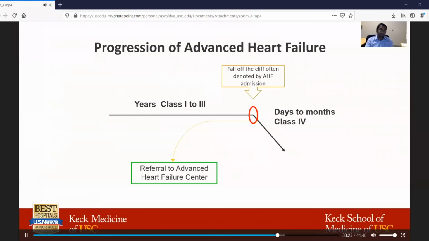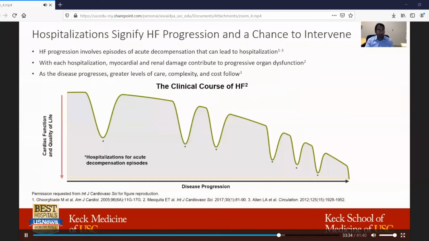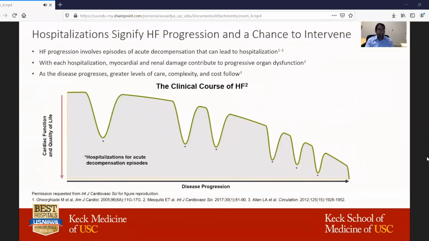And it's important to think about, for all patients coming in with heart failure, whether they need to be referred to centers that specialize in advanced heart failure therapies. So it's important, as we just talked about, that hospitalizations really signify that your heart failure is progressing and gives you a chance to really intervene. With each hospitalization, there's myocardial and renal damage that can contribute to progressive organ dysfunction.